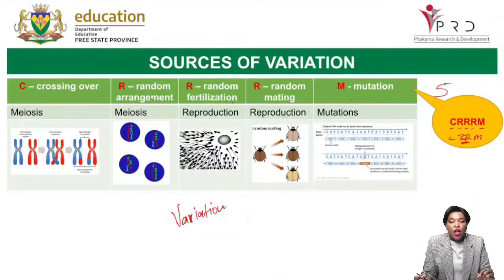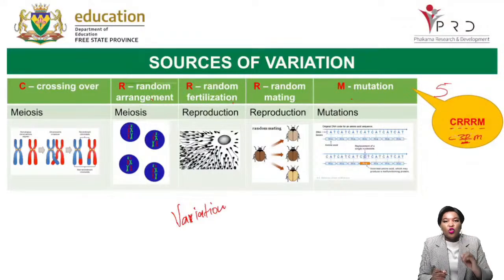So this 3R stands for the 3 R's between the C and the M. So C. What is C? The first source of variation. When we talk about source of variation, we mean what brings variation, something that introduces variation.